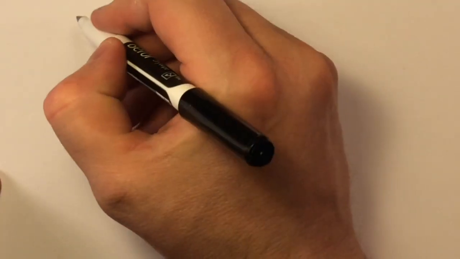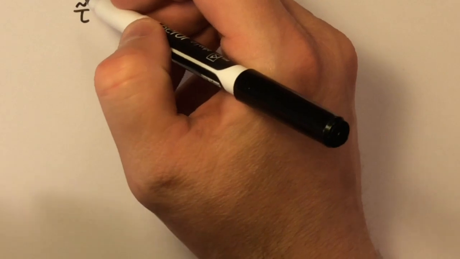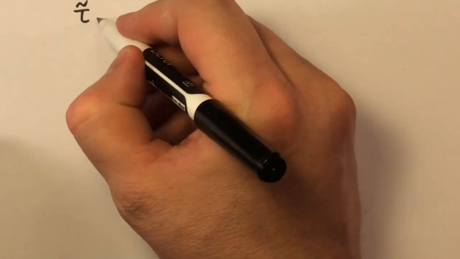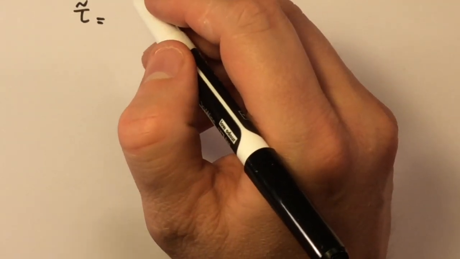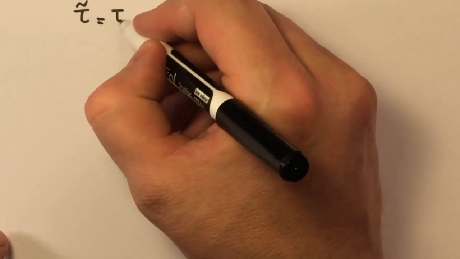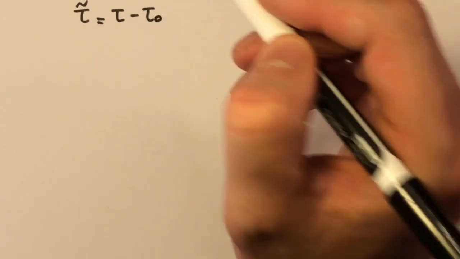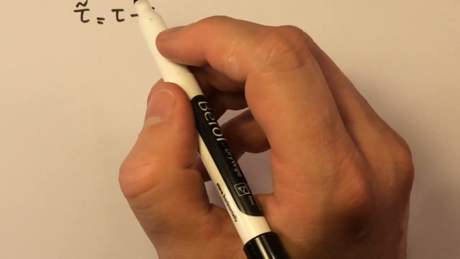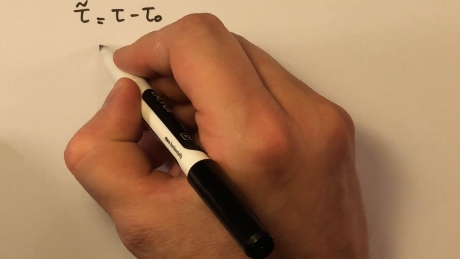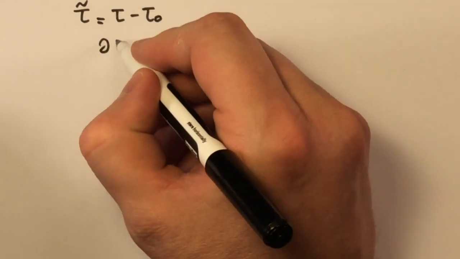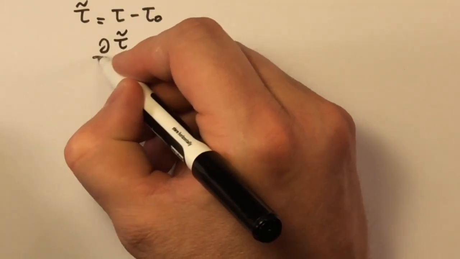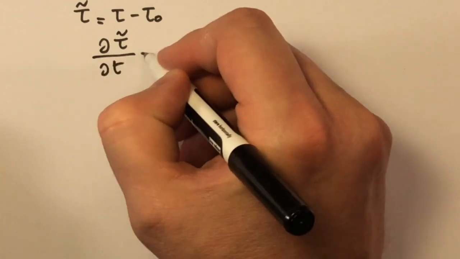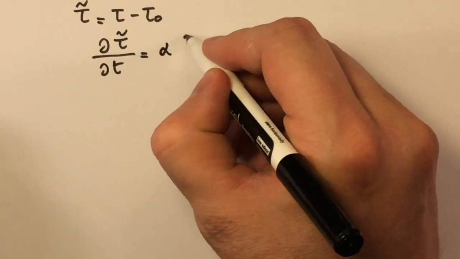But before doing that, we define a new variable tau tilde, and this tau tilde is tau minus tau 0. So we subtract the mean temperature, and so let's rewrite the differential equation again. Alpha.